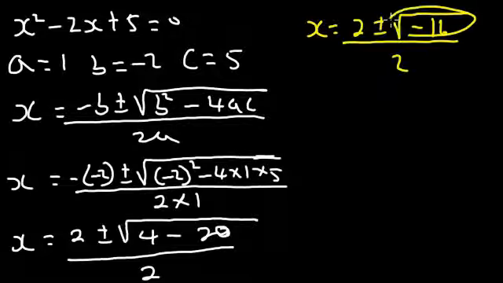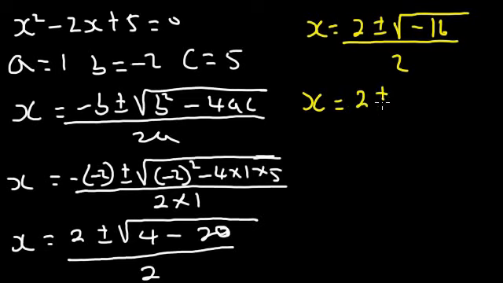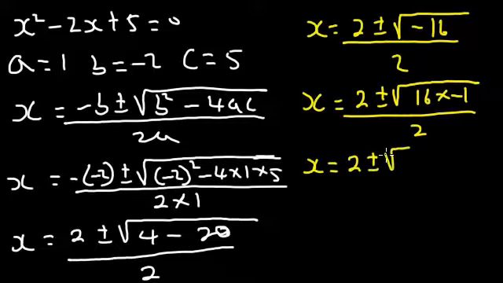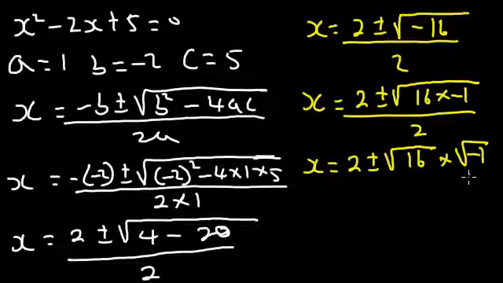So instead of the square root of -16, let's split it. This is the same as saying x equals 2 plus or minus the square root of 16 times -1, all divided by 2. And upon distributing the square root to 16 and -1, we now have x equal to 2 plus or minus the root of 16 times the root of -1.